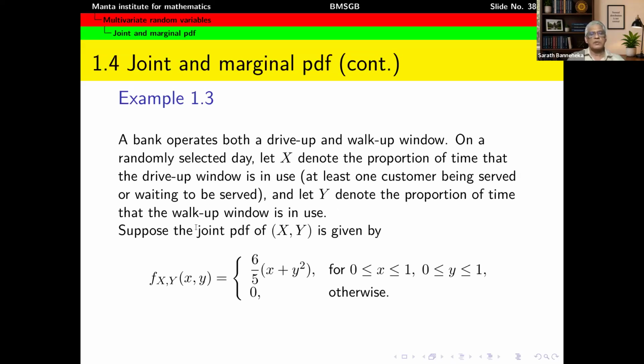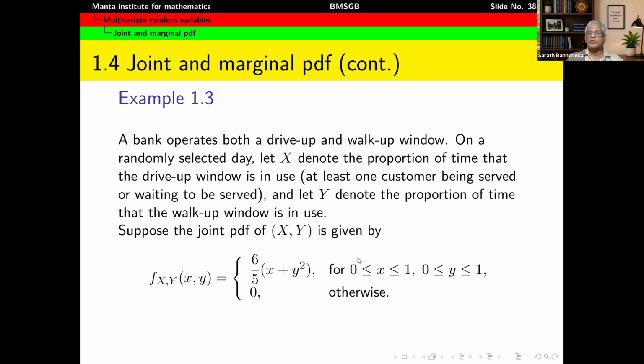We are given the joint probability density function of x and y as this function. Now notice here, we don't have any restriction in terms of x and y. X can be any value from 0 to 1, y can be any value from 0 to 1 because they are proportions, but there is no restriction like in the previous situation, like x plus y less than or equal to 1 or something, right?